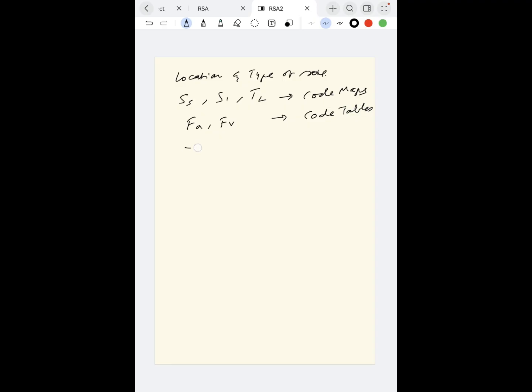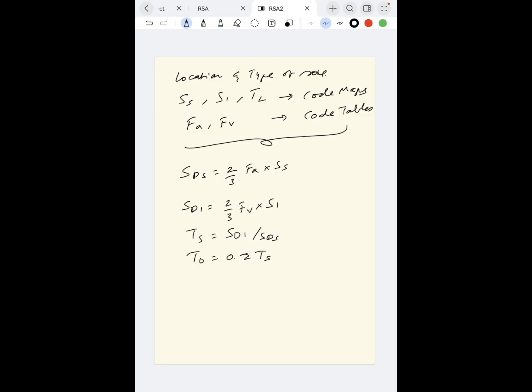So by using these values, we get SDS, SD1, Ts and T0. And already we know that TL is 8 seconds.